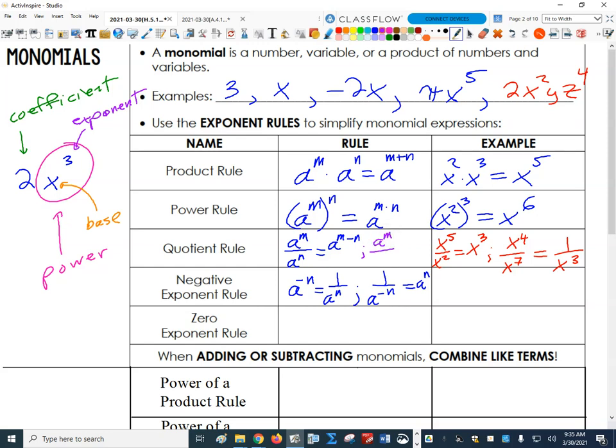A to the m divided by a to the n equals 1 over a to the n minus m, okay?